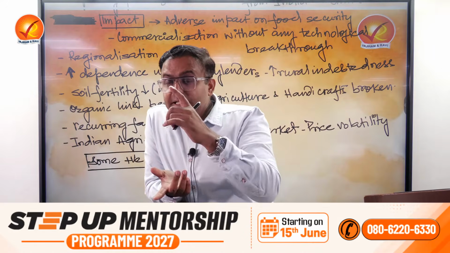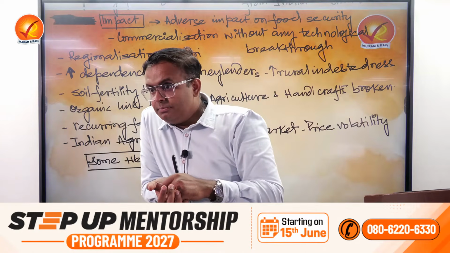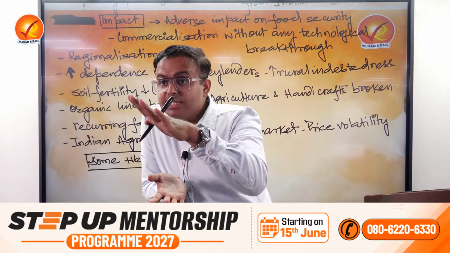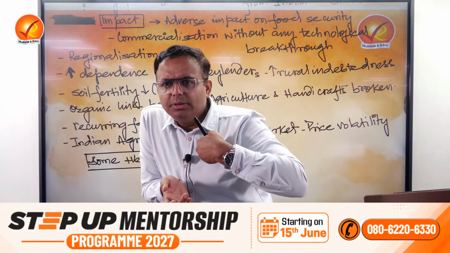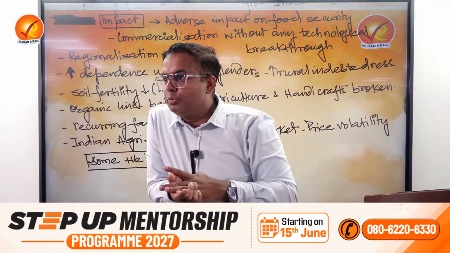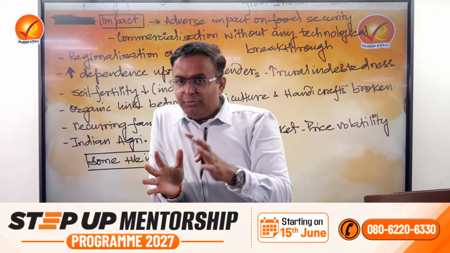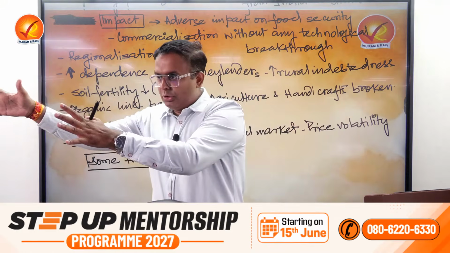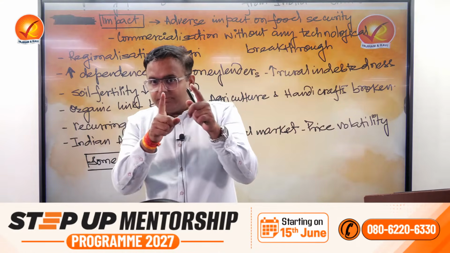But by increasing their vulnerability to the market, the subsistence base was narrowed. आप समझ रहे हैं? मैं एक फार्मर and I grow only cotton, और किसी साल बहुत नुकसान हो गया तो मेरे तो खाने की भी हालत खराब हो जाएगी. Because earlier, if I would grow some food crop, तो कम से कम खाने का तो रहेगा. So that is why we'll see.